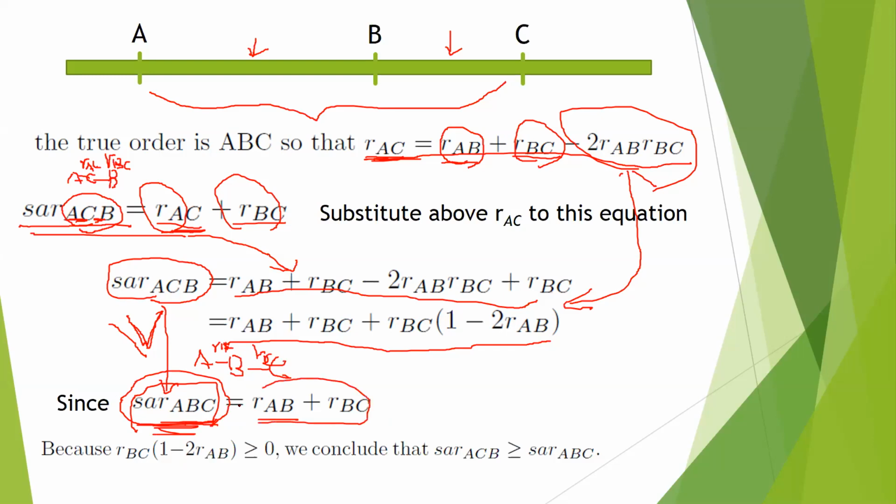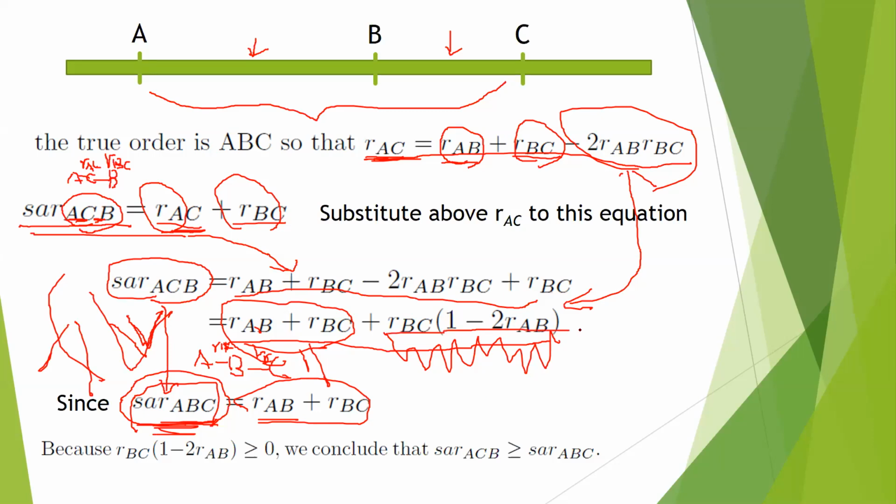Now this is this. And if you compare these two, this part is identical, so we only worry about this part. If this thing is positive, then this is bigger than this, right? If this is negative, then the other way. Based on our assumption, this R is positive and less than 0.5. So the whole thing should be positive, which means this is greater or equal, at least not less than this value.